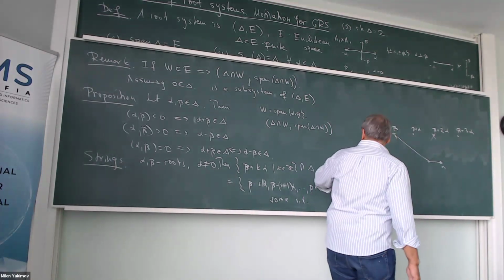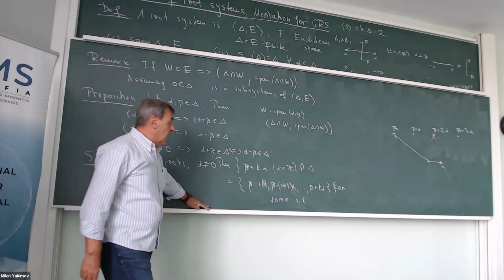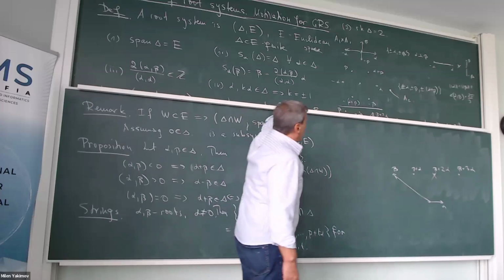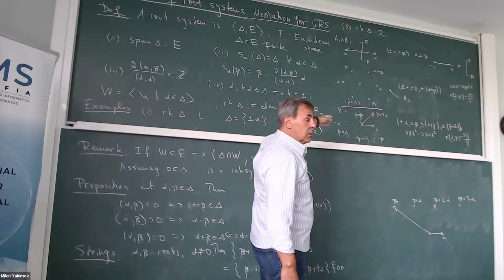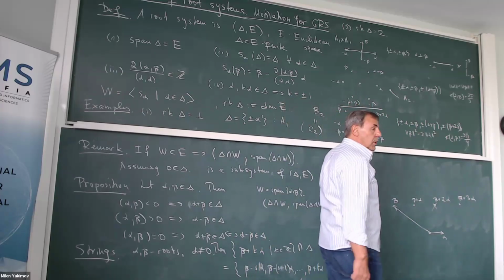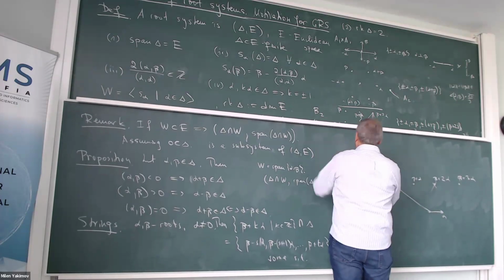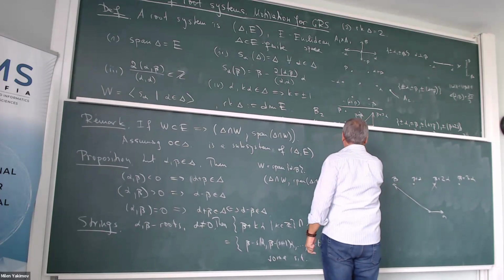And again, this all happens in a rank 2 system, and I can go and look at my pictures and see that there is no problem. All of them are strings, and here I will sketch again the G2 system.